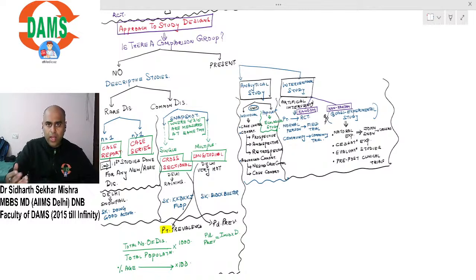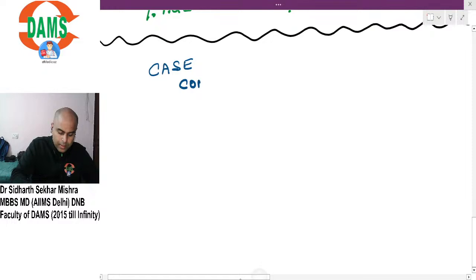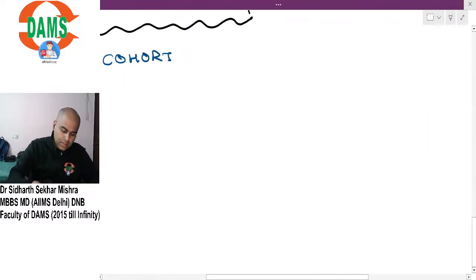Now we will go ahead and look into the difference between a case control and a cohort versus a randomized controlled trial.